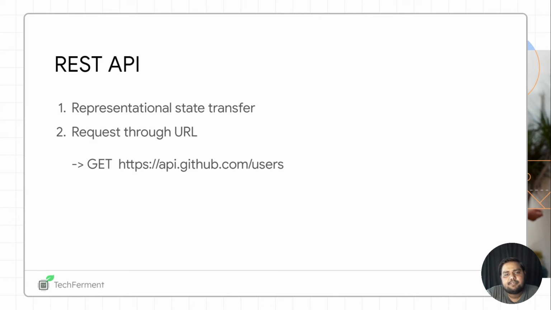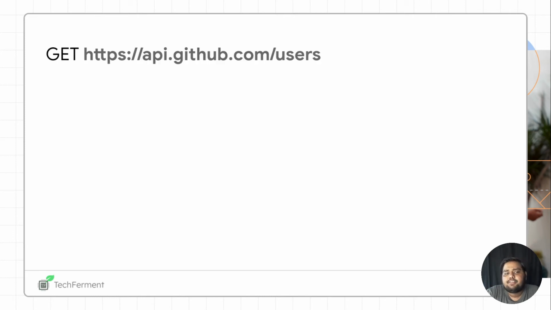We have some URL, and then we need to use some HTTP method or request, let's say GET request, POST request, or PUT request. So this is an example. Whenever I'm calling the GitHub users API, my API path is api.github.com/users, and my request type is GET. So this is an example for getting data about GitHub users, and this is a GET request.